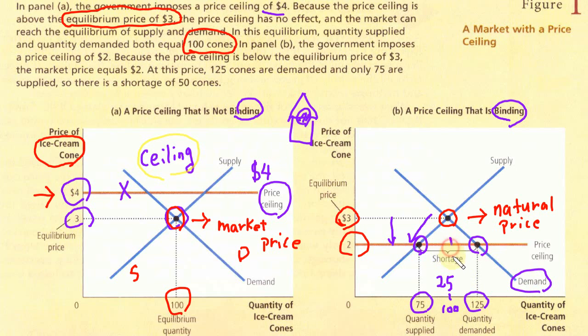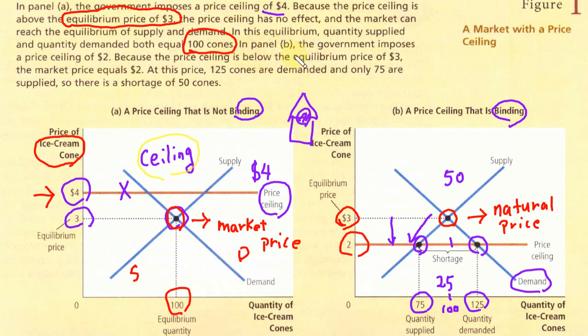From the original 100, supply is reduced and demand is increased here, right? Then the gap between these two variations will be a shortage of the product. Then the shortage, this one is 50. Okay? Understand this one?